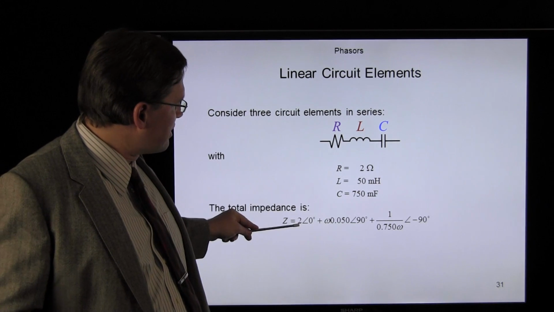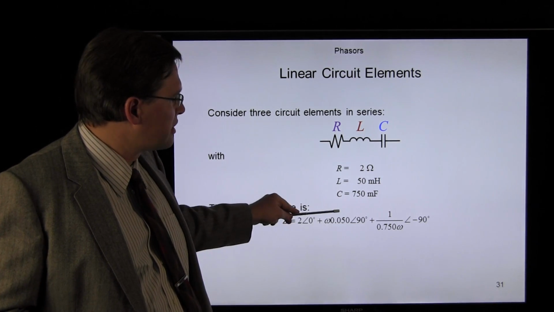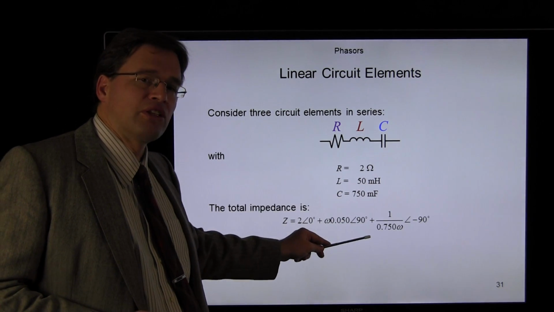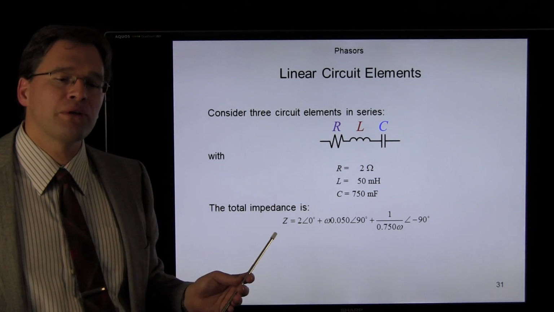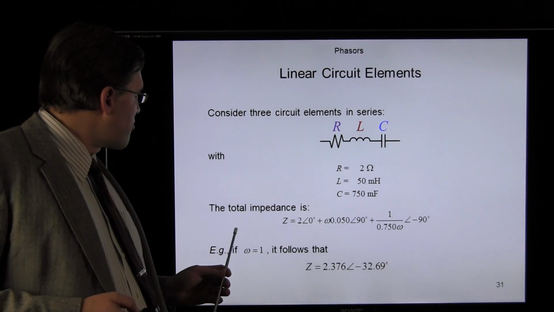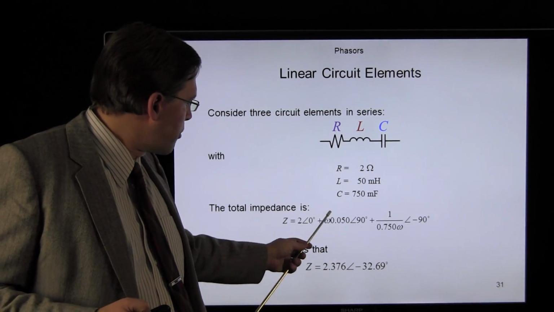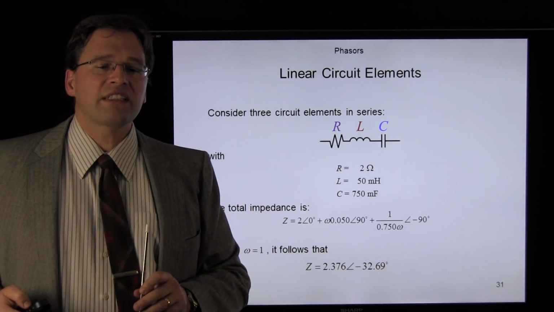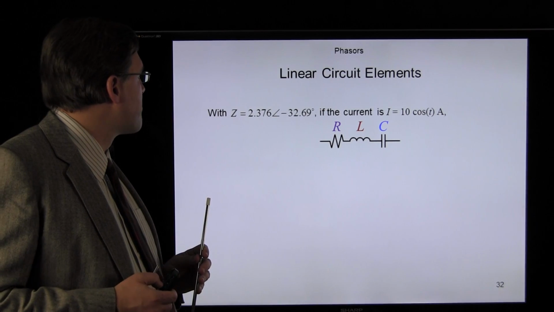Well, 2 phase 0 plus omega 0.05 phase 90 plus 1 over 0.75 omega phase negative 90 is a complex number. So if omega is equal to 1, then we can substitute 1 into both locations, calculate this complex number, and we get 2.376 phase negative 32.69.